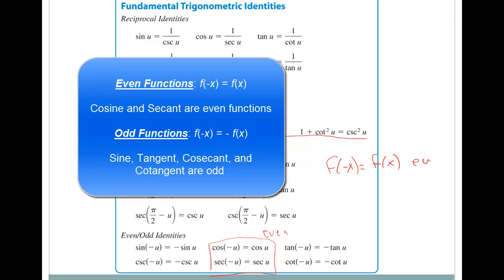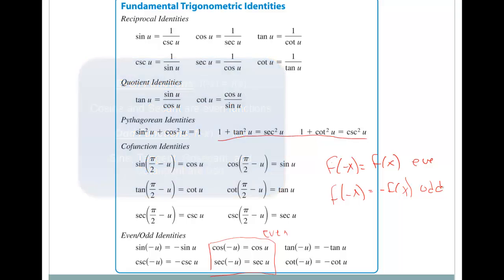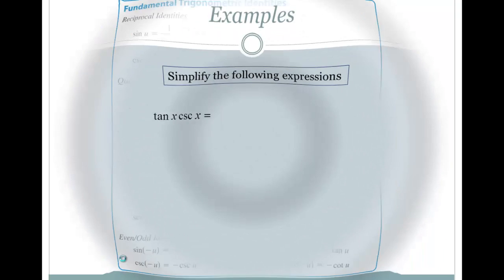And f of negative x equals negative f of x means the function is odd. You should remember those two things, and we're going to use that fact in the next couple days to show some different expressions.